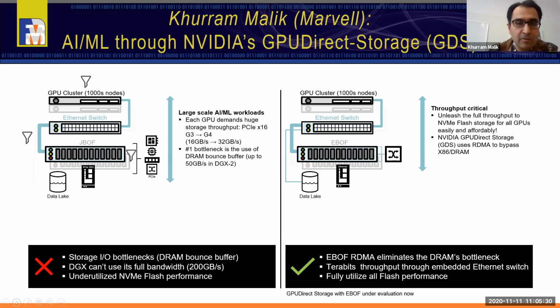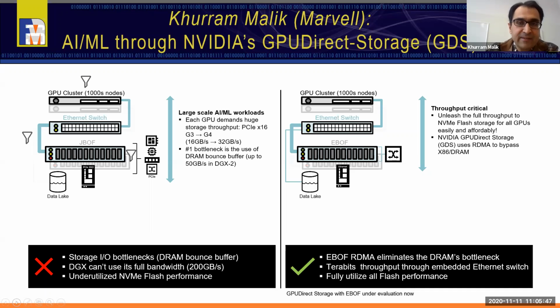What EBOF can do, because it provides higher bandwidth and higher throughput, and the NVIDIA GPUDirect Storage IO application enables the RDMA transport, is completely bypass the system bounce buffer.